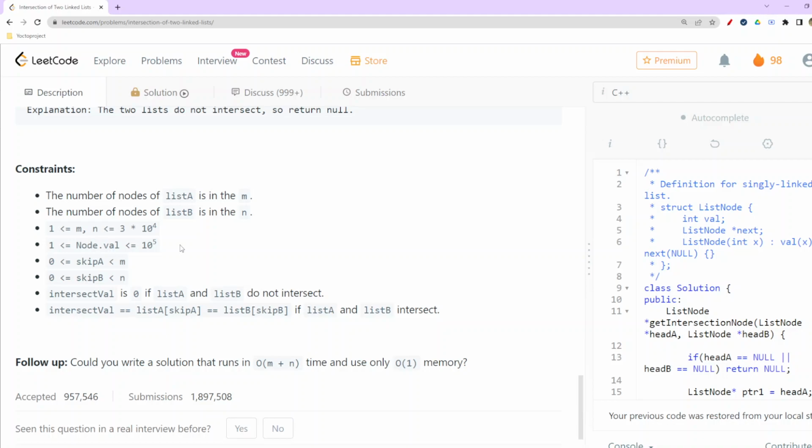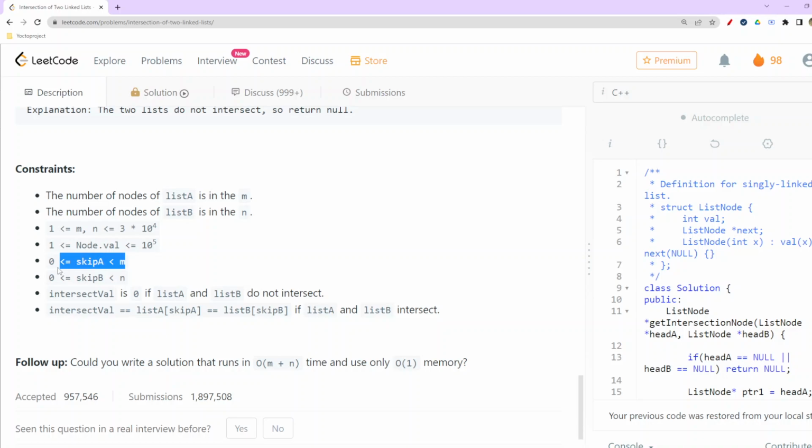In actual fact, we are not much concerned about the values. We are just concerned about where that particular linked list is pointing to. So this particular constraint we are not much concerned with.